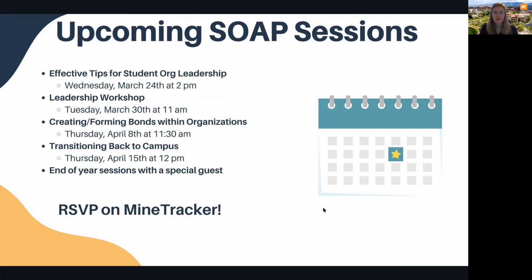Travaris, correct me if I'm wrong. I think we have one on Thursday, and it's actually going to be talking about events as well. Yep. So on Thursday, it'll be programming and event ideas for SOAP. The time for that one will be at noon, and it'll be a 30-minute session, just like this one is for MineTracker.